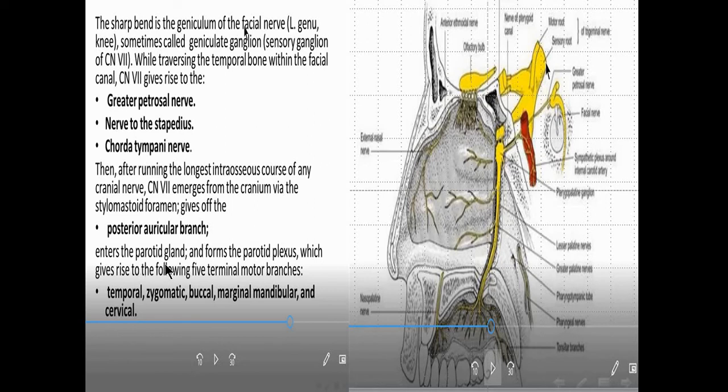Then it enters the parotid gland and forms the parotid plexus, which gives rise to the following 5 terminal motor branches to the muscles of facial expression: the temporal branch, zygomatic branch, buccal, marginal mandibular, and cervical branch.